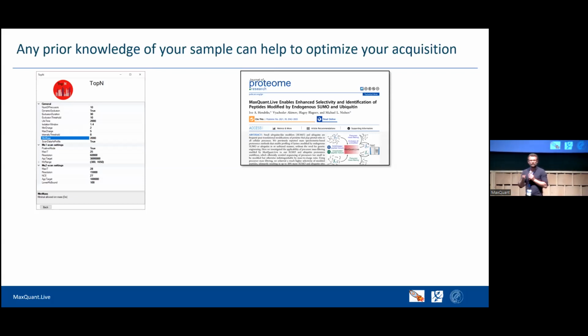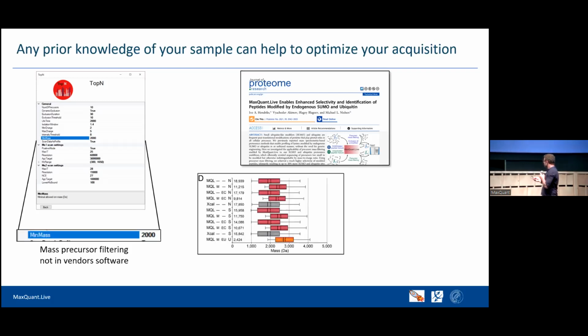You can set a mass to charge, but you can't set the limits just by the mass. And that's why I show this example. They were really thinking, okay, how can we do it? Let's try out this MaxQuant.Live. And what I implemented was that the selectivity is based on the mass, not mass to charge. And they used it.